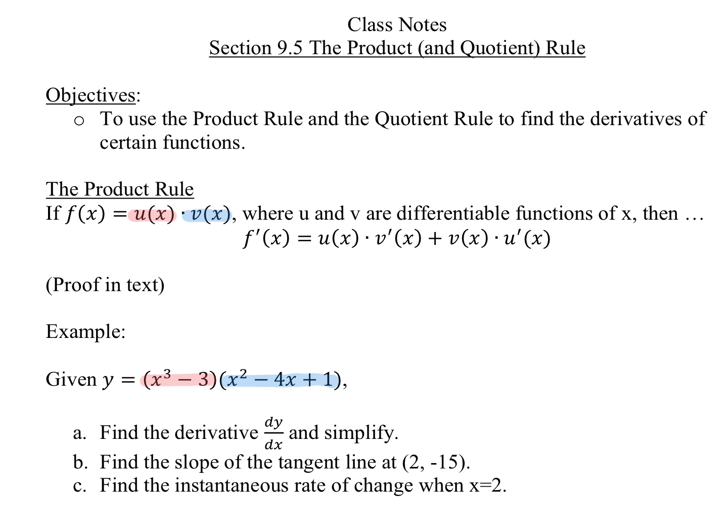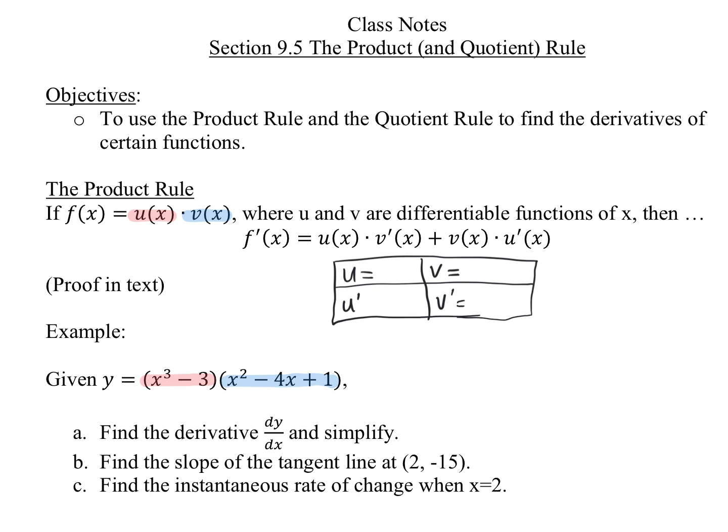Now, there's a nice diagram that I like to use to visualize the way that this rule works. What I think about is I'm going to give myself a 2x2 grid here. I'm going to start with writing down what u is equal to, and then I'll write down what v is equal to. And right underneath these, I'm going to compute their derivatives. So we can compute u prime and we can compute v prime.